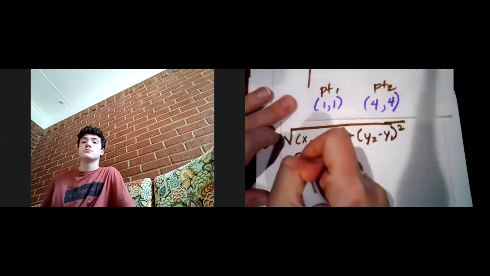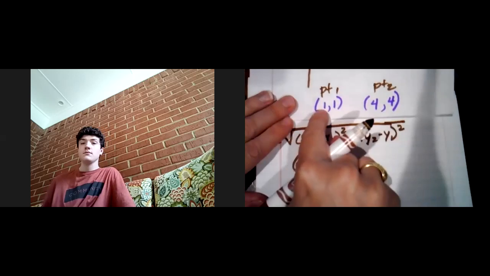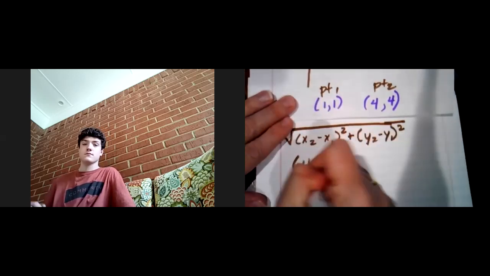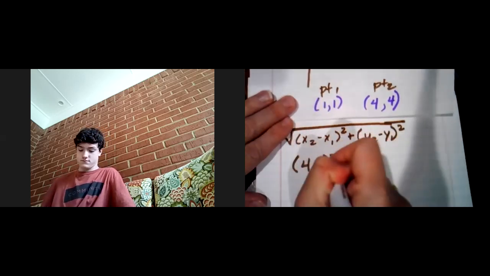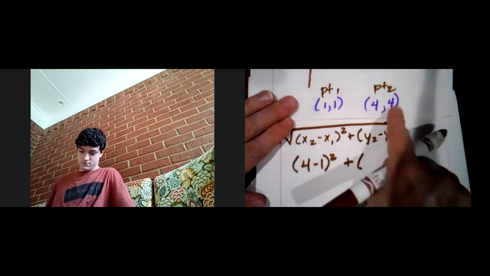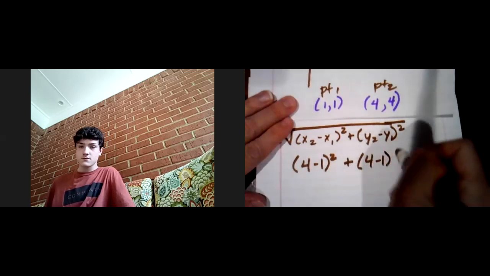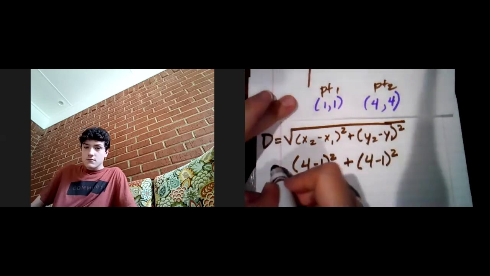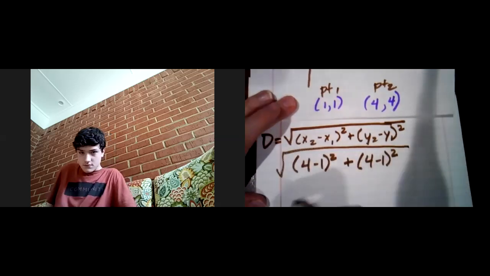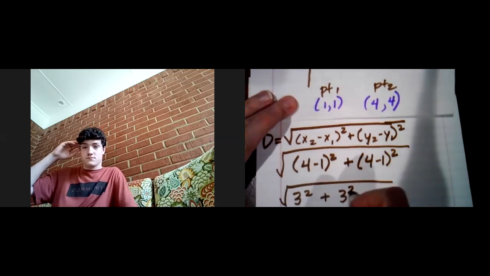Okay, so we have it here. We get x2 minus x1. So this is 4 minus the 1. And it should start looking familiar to what we've already done. So 4 minus 1. Okay, and don't forget this radical. And this is all under that radical.